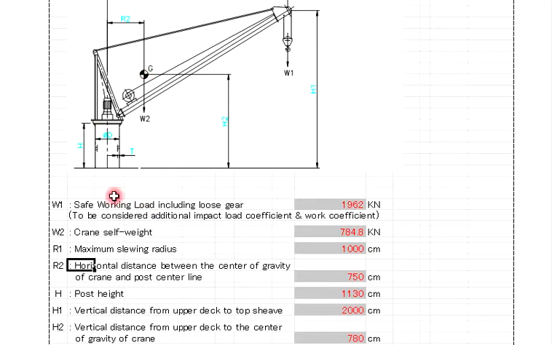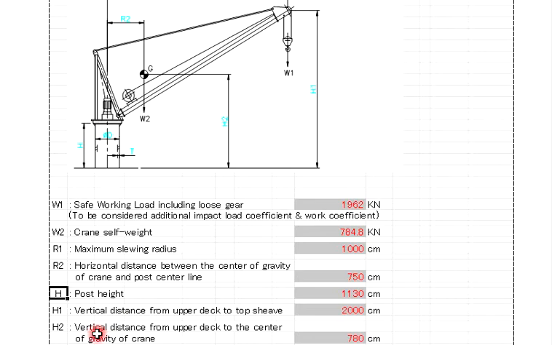Okay, so this one, h, is the post height. h1 is the vertical distance from the upper deck to the top of the post, this one here. Let's say this crane pedestal sits on this main deck, so the main deck goes up to this top.